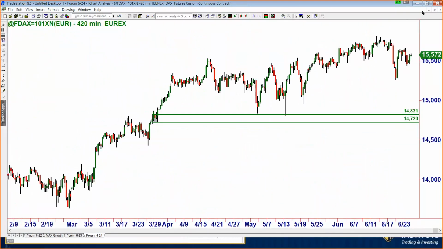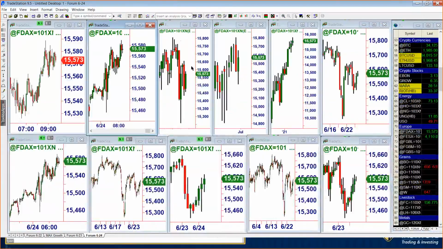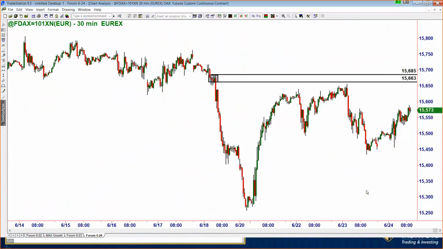After rallying up off our demand zones here, notice we're right in the middle of this big range. But this week, we went into the week with a supply zone up here, 15,665. Notice just a couple days ago, or was this yesterday, we came very close to touching this level, but couldn't. We call that secondary evidence because it's strongly suggesting that there's a big supply-demand imbalance up at that zone.